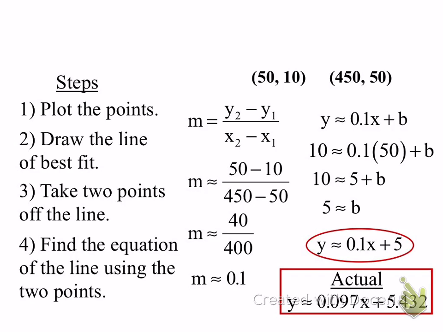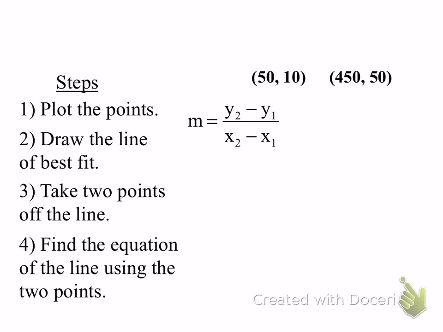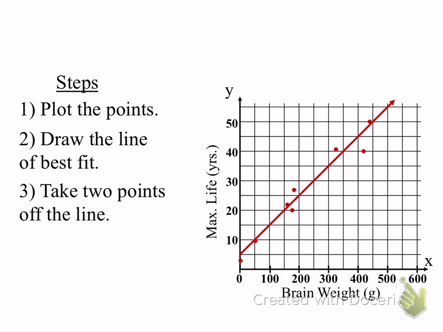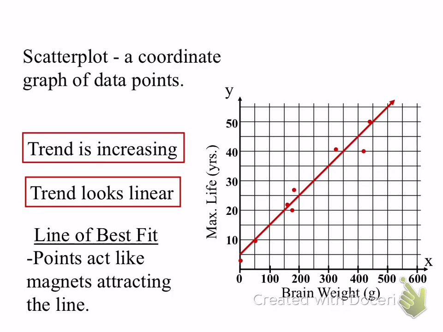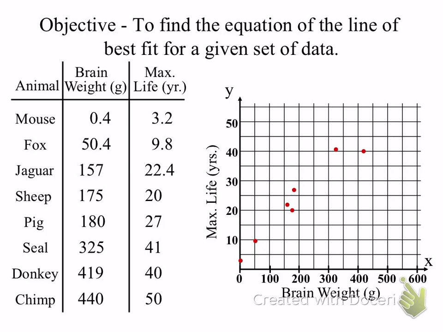It's estimated. Every pig is not going to weigh exactly 180 for their brain, and they're not going to live exactly the same amount of time. My mother and your mother are not going to live exactly the same amount of time. Does that make sense?